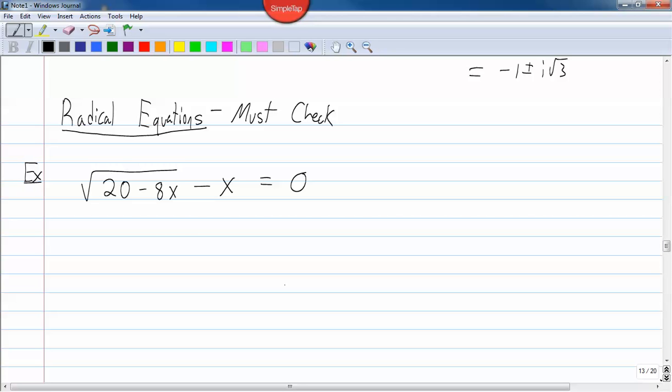So if there are any other terms on the same side as the radical, you want to move them over to the other side of the equation. So I want to move this x over, so that I can get the radical on one side of the equation by itself.